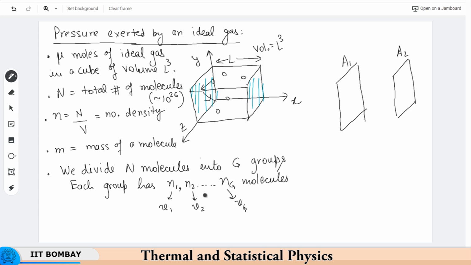Now let us look at one molecule from group 1. This molecule statistically is moving with a certain velocity v1, and it will have 3 components.